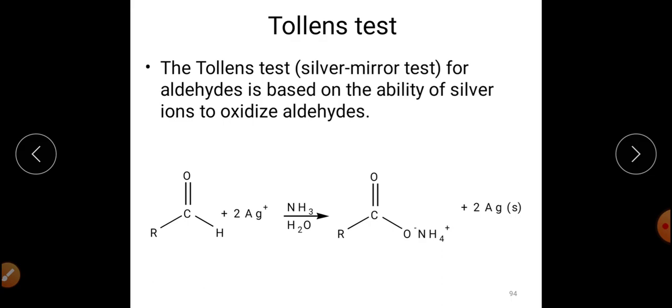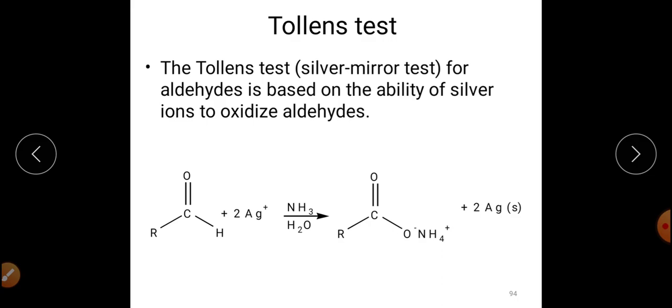So this is a very beautiful test that we can use for the identification of aldehyde in an unknown organic compound. This reaction is also called the silver mirror test. Tollens test is also called the silver mirror test, and aromatic aldehydes as well as aliphatic aldehydes both respond to this test.